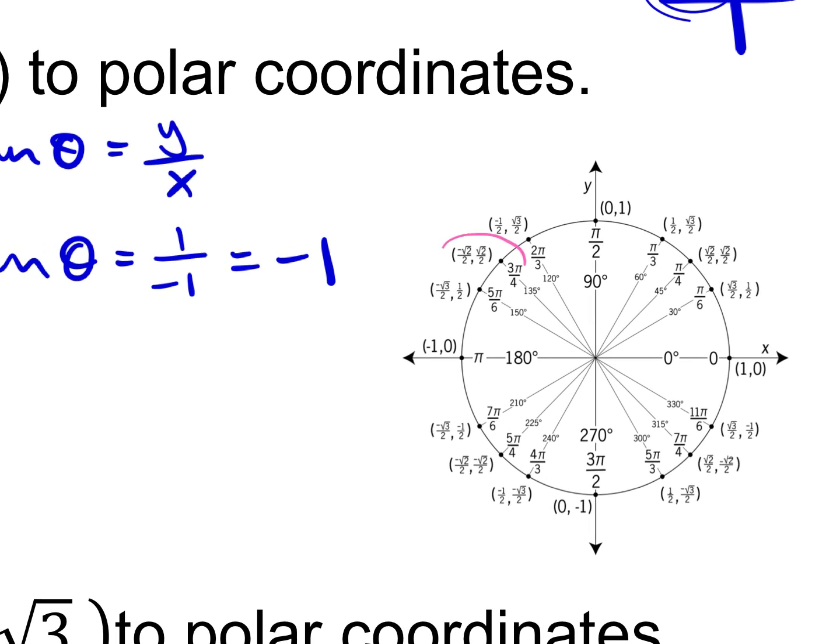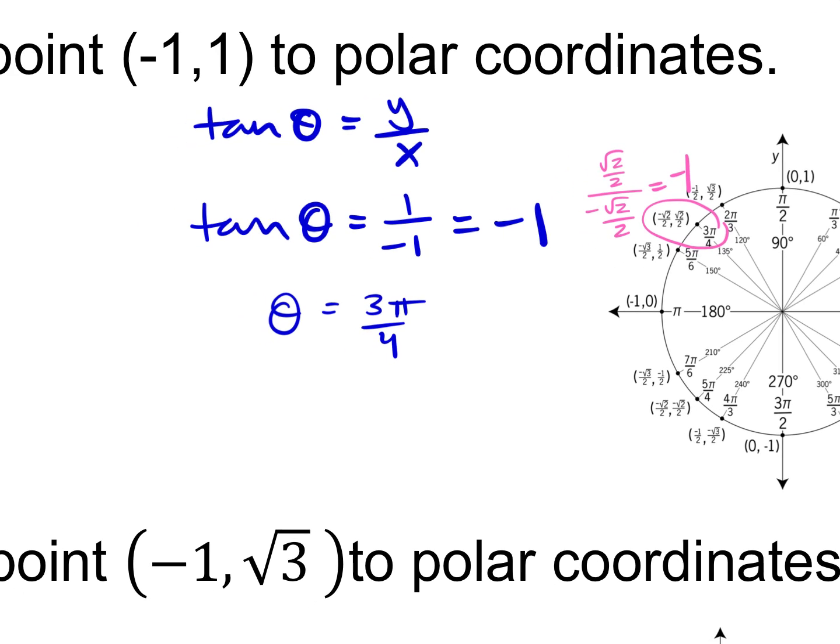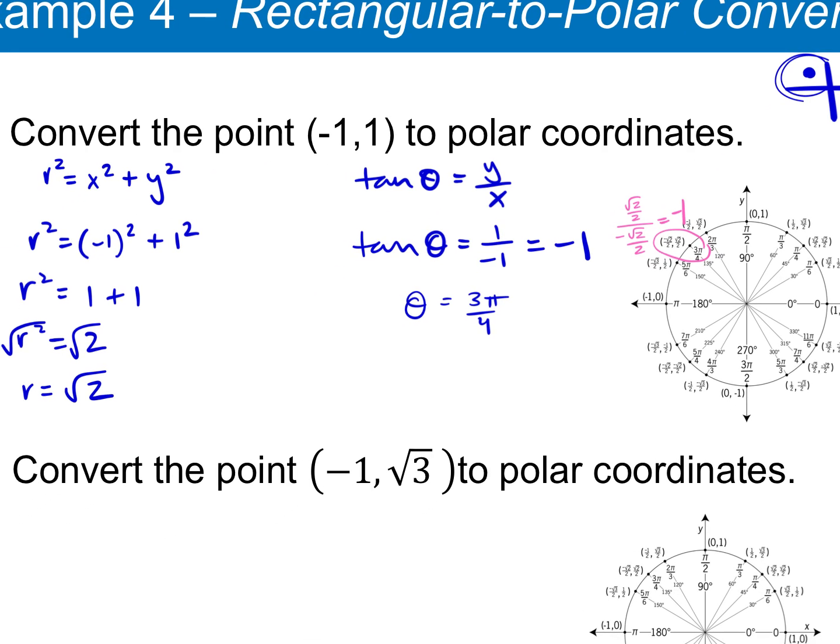Three pi over 4. If I did square root 2 over 2 over negative square root 2 over 2, this would equal -1. So our theta is going to be 3 pi over 4. Then our coordinate for our point would be square root 2, 3 pi over 4.